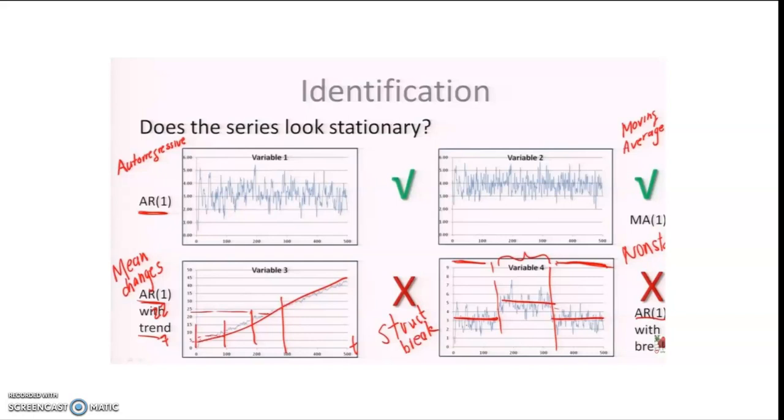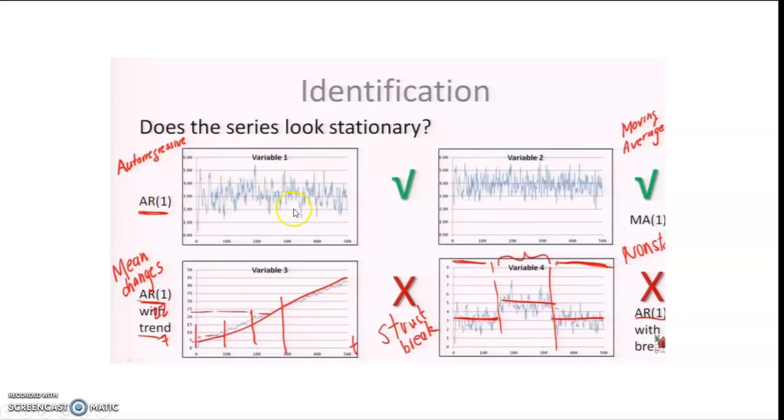Here we have 4 different types of variables, and here we have variable 1, and this is the graph of this variable. This is variable 2, and we have the graph of variable 2, and this is variable 3, and this is variable 4. So let us consider first this variable, and looking at the graph of this series, it is AR1, that is, this is autoregression of order 1.